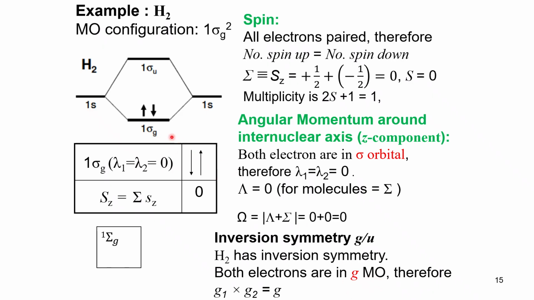Electron 2 is also in the gerade orbital in the formation of the sigma bonding. Therefore, the overall parity for the hydrogen molecule is g. We can write the molecular term symbol for the hydrogen molecule as singlet sigma g.